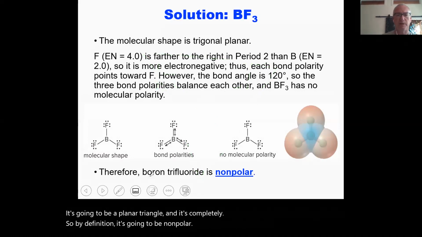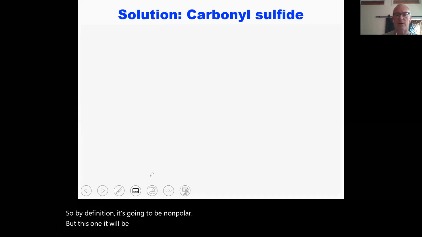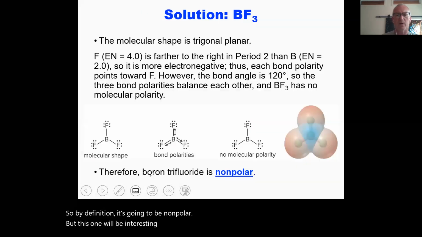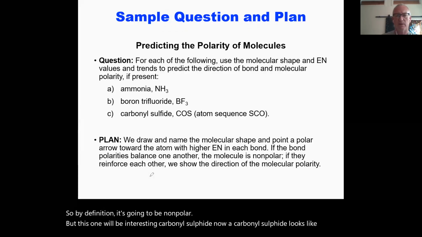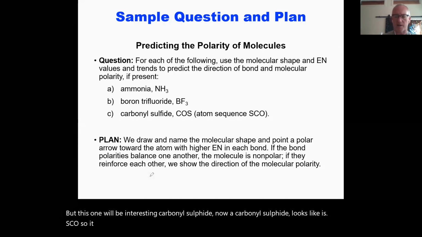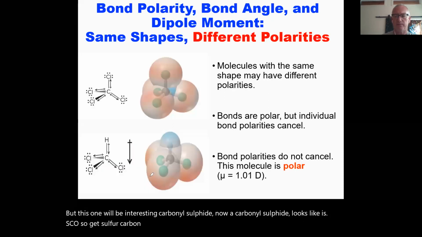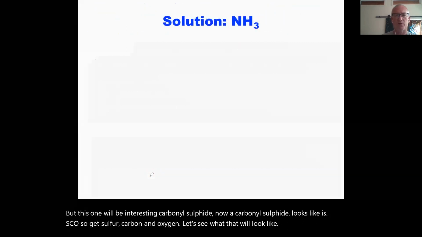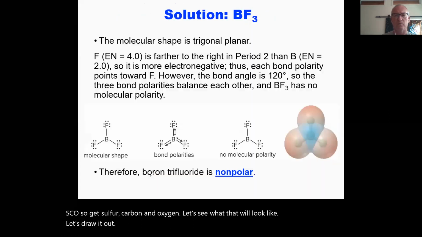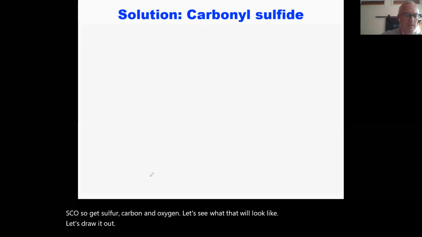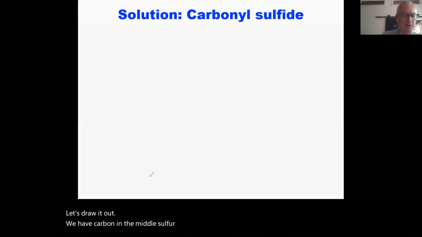But this one will be interesting. Carbonyl sulfide. What carbonyl sulfide looks like is SCO. So it's got sulfur, carbon, and oxygen. Let's draw it out. We've got carbon in the middle, sulfur on one side, oxygen on the other.